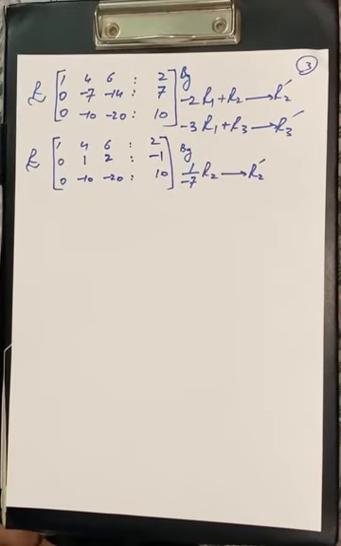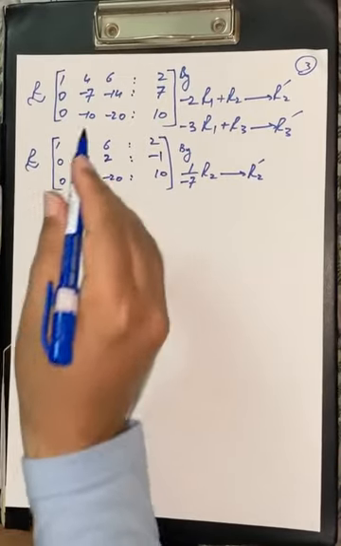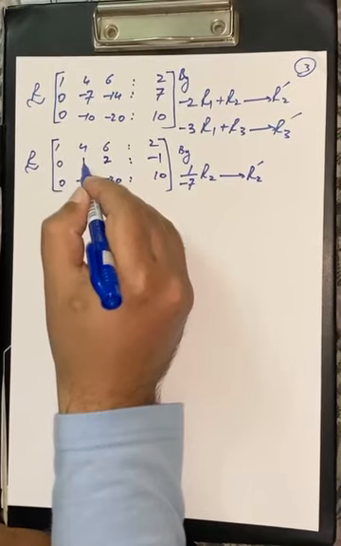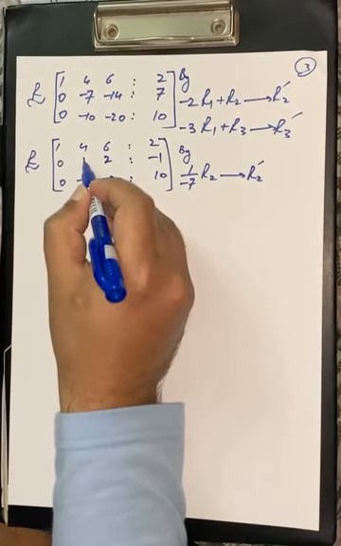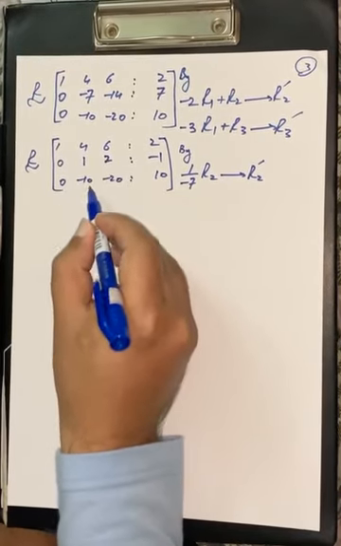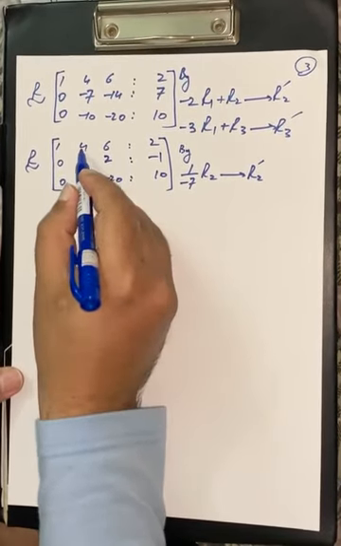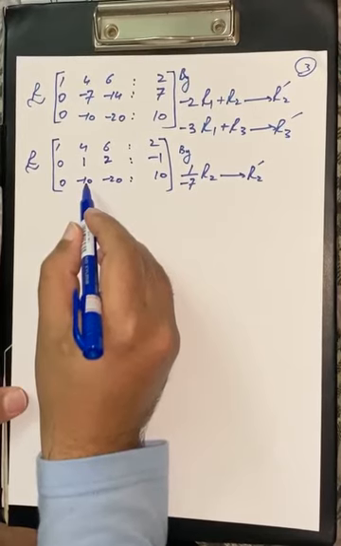So that is the procedure, students, to make it 1. Now I got this one. In the second column, above the 1 there is 4, beneath the 1 there is minus 10. I want this 4 to be 0 and this minus 10 also 0.